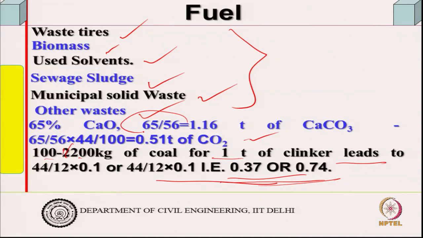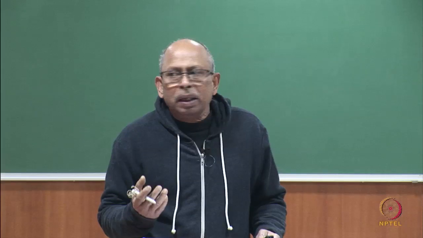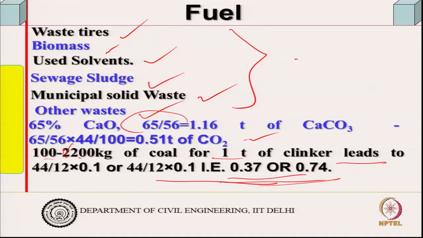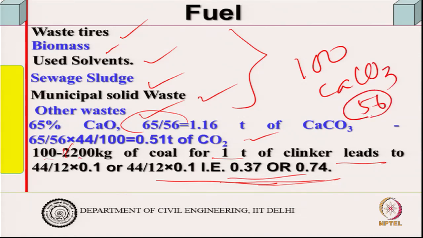Supposing I have 65% calcium oxide in my Portland cement, then for 100 kg of calcium carbonate, 56 kg is the calcium oxide and 44 is the carbon dioxide, right. So, 65 by 56 means I have to use 1.16 tons of calcium carbonate in 1 ton of cement, right. 1.16 tons of calcium carbonate will go into 1 ton of cement.